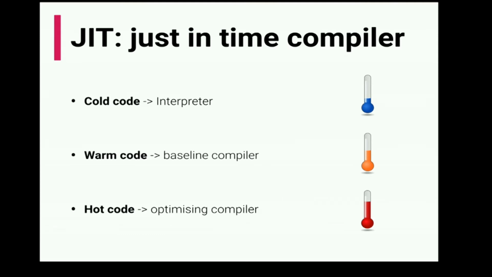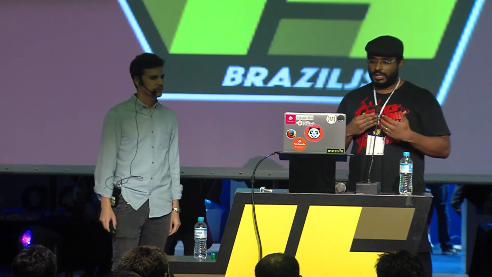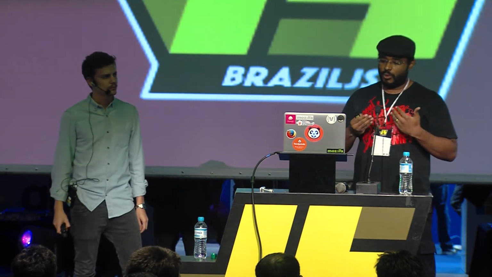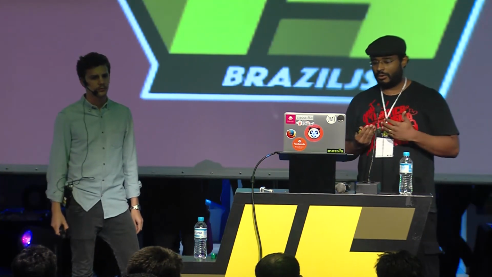The problem is when these assumptions fail, the just-in-time compiler needs to throw the optimized code away and return to the baseline compiler or even the interpreted one. This phase is called deoptimization or bailing out. When browsers keep trying to optimize the same piece of code, the performance of this code can be even worse than the interpreted or the baseline version.